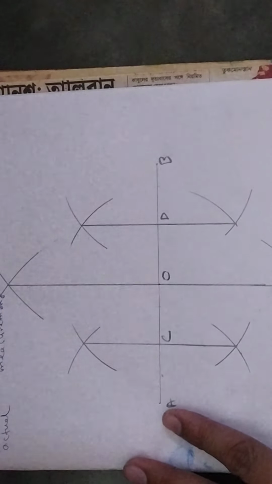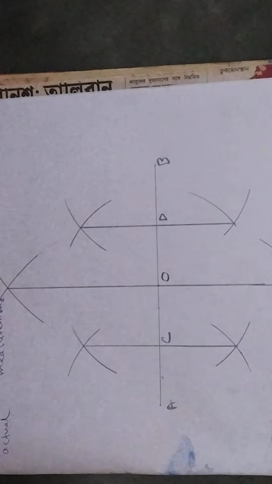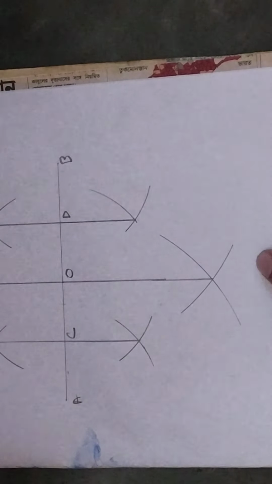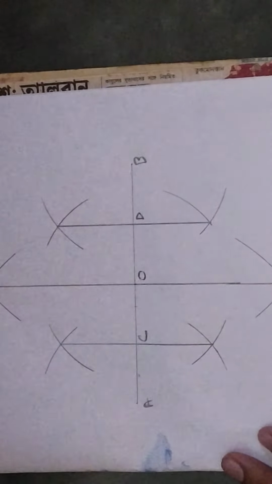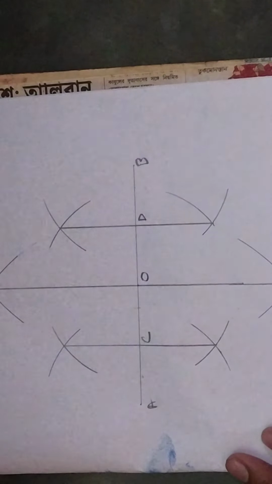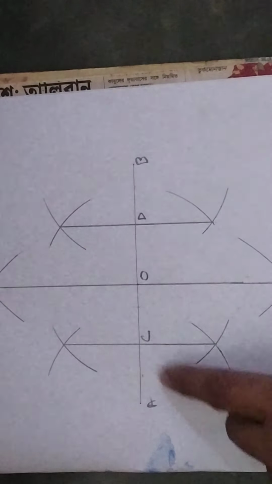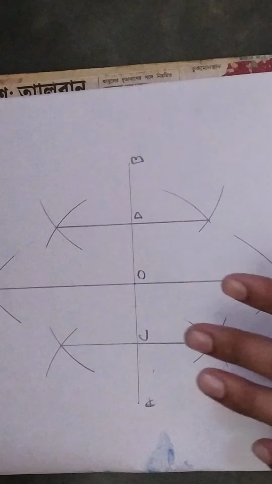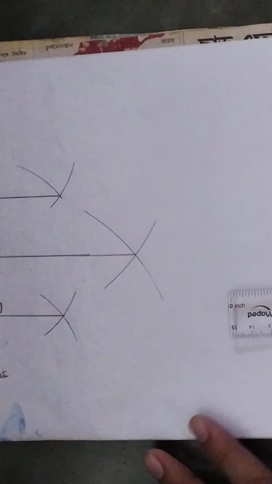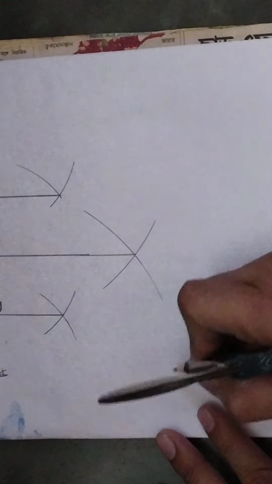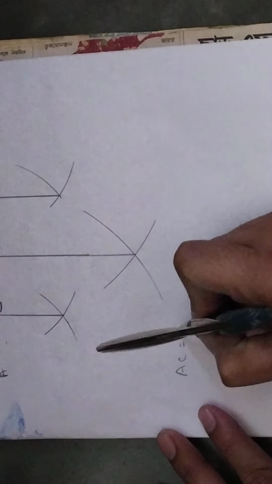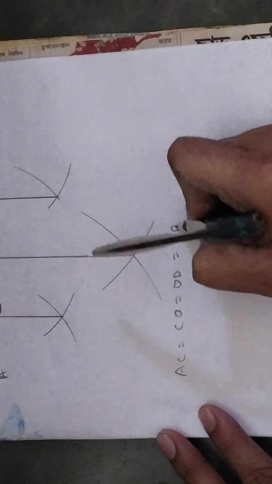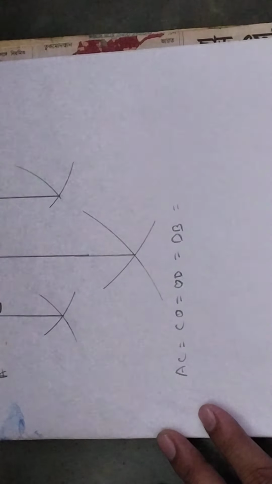If you measure with the help of scale, this is the overall diagram as you can see. Now what we'll write down? This AC, CO, OD, DB, they are same. So here you will write down AC equals to CO equals to OD equals to DB. And what will be their measure?